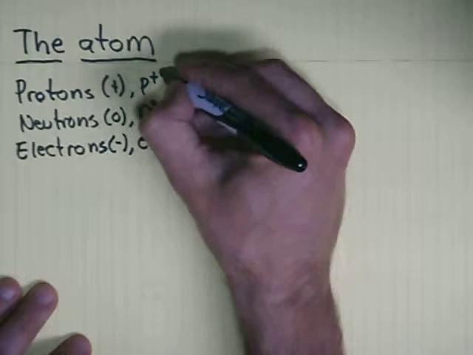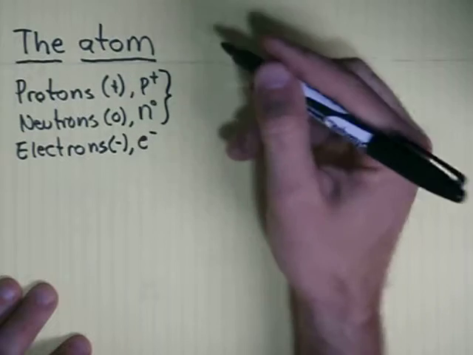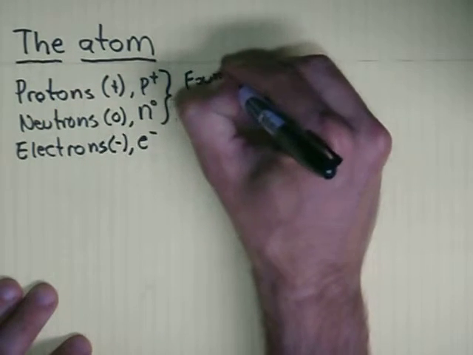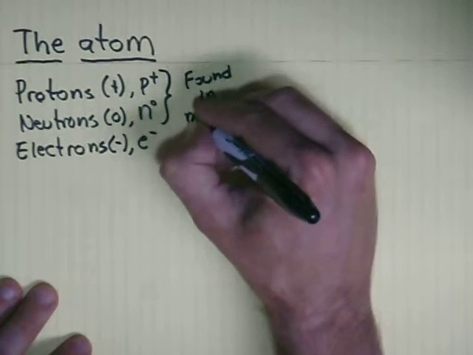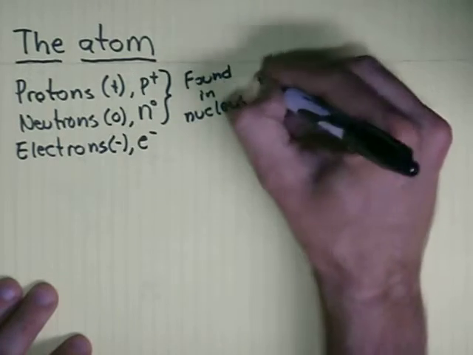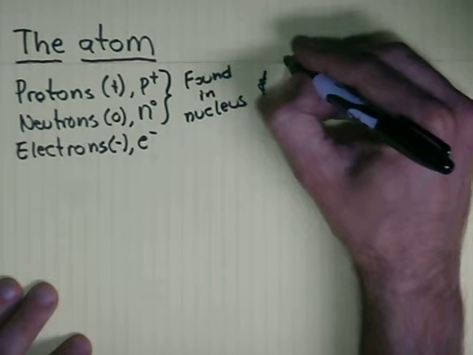So these first two, protons and neutrons, they are found in the nucleus. And they are much, much bigger than electrons.